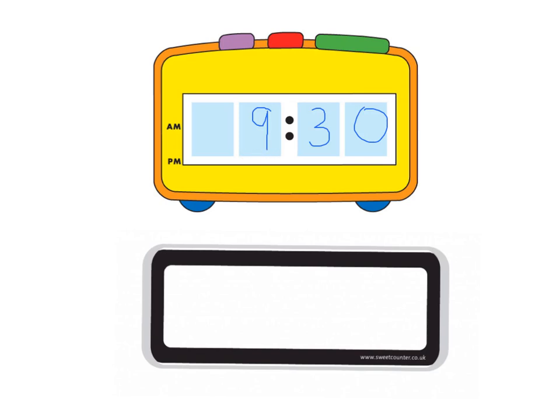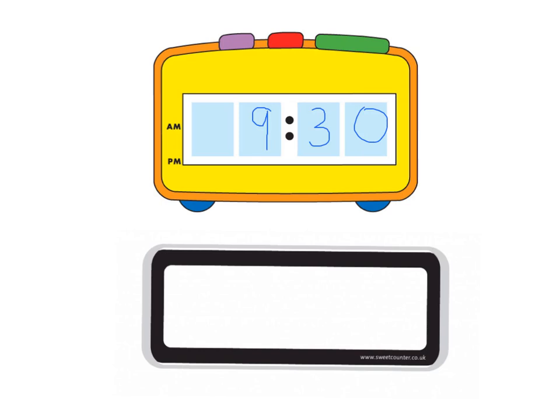So that's 9 o'clock there. And that's the number that comes before these two dots here. Okay? And the numbers that come after the dots, this 30 here, tell me how many minutes have passed. So this tells me the hour, 9, and this tells me how many minutes, 30 minutes have passed.